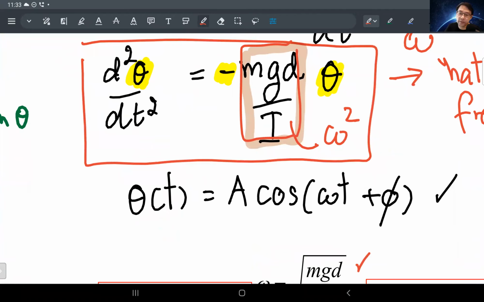Can it be a gyroscope? No, a gyroscope is not oscillating. A gyroscope is just a three-dimensional rotation, so it's not oscillation. The key here is that it needs periodic motion. It goes back and forth, back and forth, back and forth.